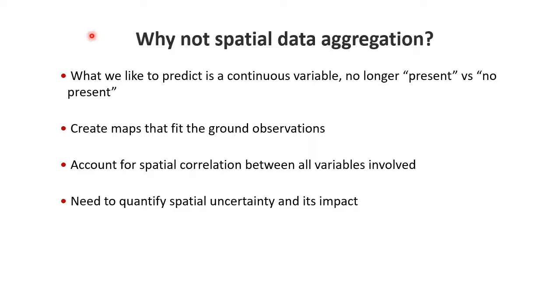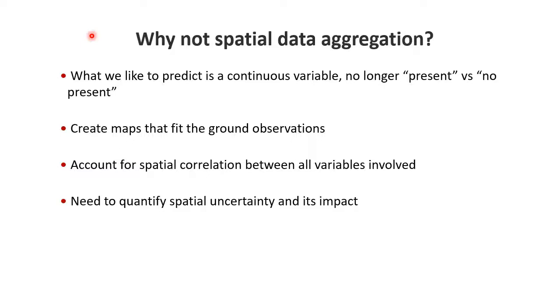Well, remember in spatial data aggregation, we were looking particularly at modeling something that is present or absent. For example, mineralization is present or absent. Geothermal system is present or absent. So now we deal with a continuous variable. Now we also have ground observations, and we'd like to create maps, not just train on those ground observations, but we want to also fit the ground observations, just like we did in kriging and sequential Gaussian simulation.